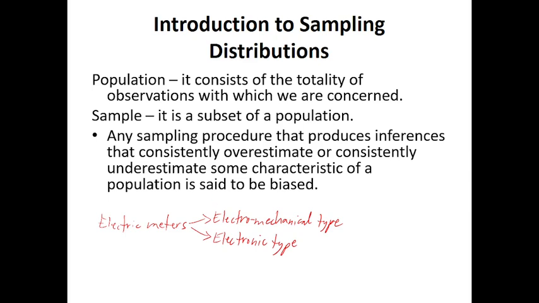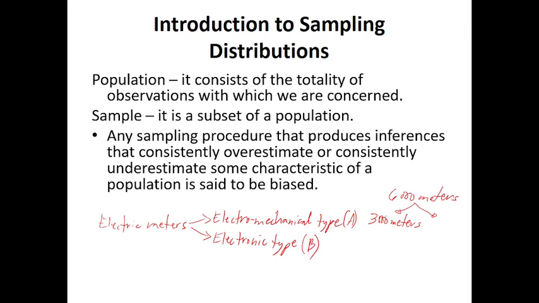Suppose in an electric utility we have 6,000 meters, of which 3,000 meters are electromechanical. Electromechanical type, let's say that is type A, electronic type, that is type B.